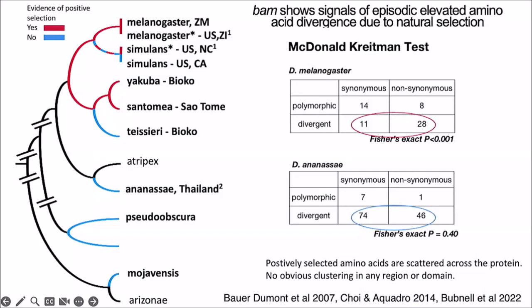But this pattern of positive selection is found in only some species. Several populations of melanogaster, only some populations of simulans, not others. We find it in Yakuba and Santomea, but we don't find it in Teissieri. We don't find it in Ananassae, at least this population of Ananassae. We do in a different population. Pseudoobscura, not; Mojavensis, no. So there's this heterogeneous pattern of positive selection.